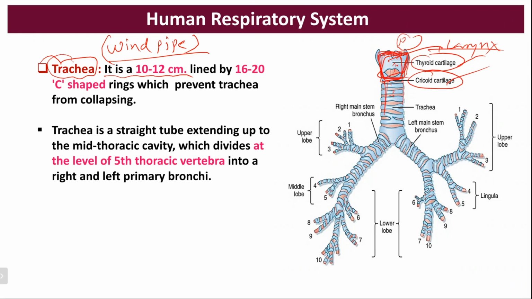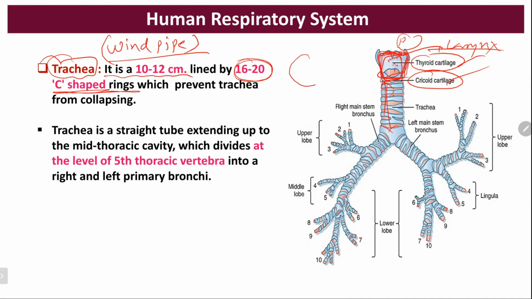See, the length of the trachea is 10 to 12 centimeters. You can see I have shown it here. You can clearly see, right? And this trachea is lined by 16 to 20 C-shaped cartilaginous rings.